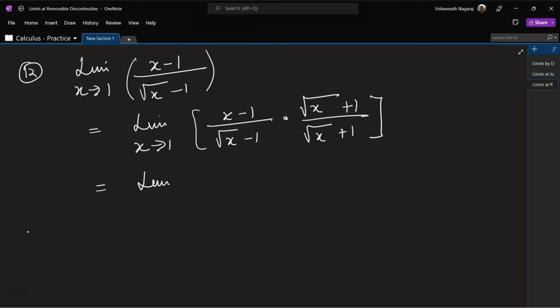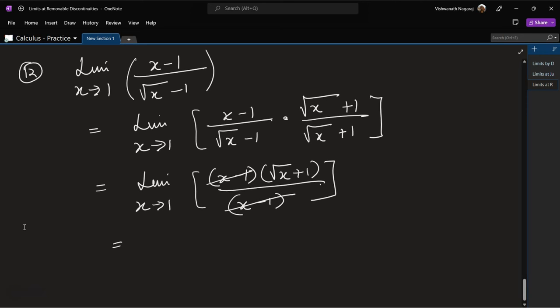Okay, so this becomes the limit as x approaches 1 of (x minus 1) times (square root of x plus 1) by (x minus 1). These two cancel out, and we can directly substitute. So square root of 1 plus 1, which is 1 plus 1, which is 2.